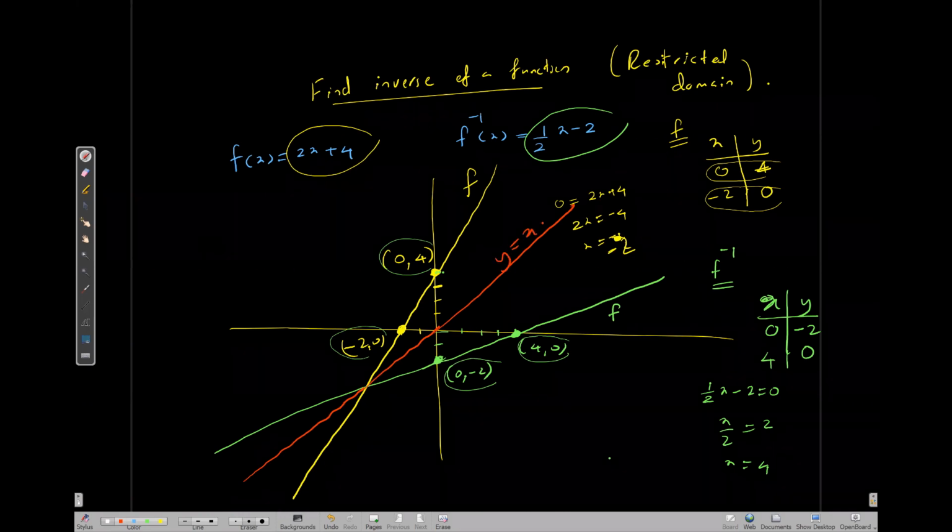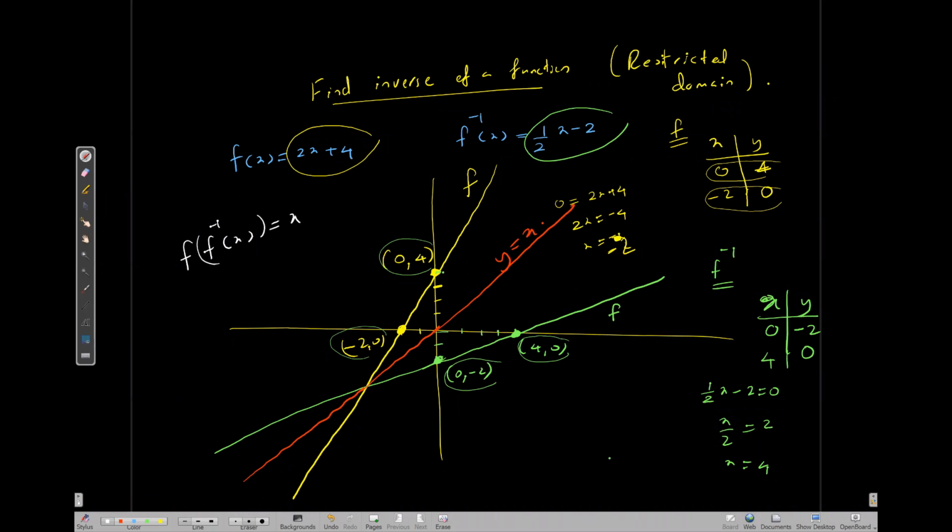because f of f inverse of x equals x. If you think carefully, if you apply this graphically, for example, f inverse of 4 is going to be 0 according to this point.